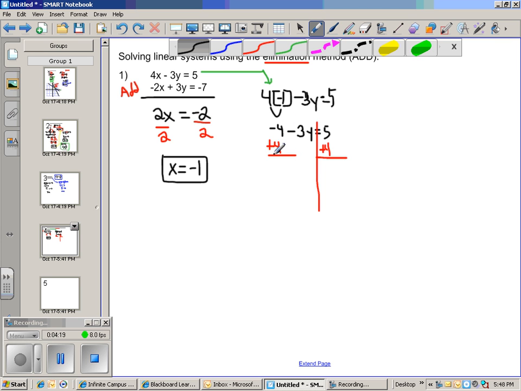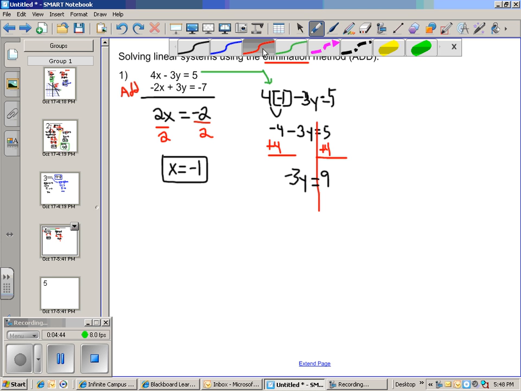And the 4's are going to add up to 0, leaving us with the negative 3y. Make sure you grab that negative right here. This is the subtract 3y. If you change this to adding the opposite, that really becomes a negative 3y. That's one of the things most students forget to do. And then we have 5 plus 4, giving us 9 over on the right side.